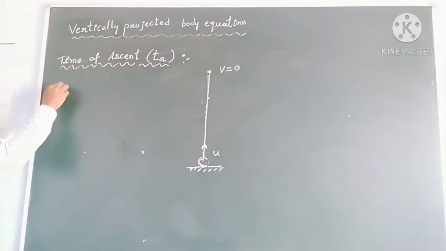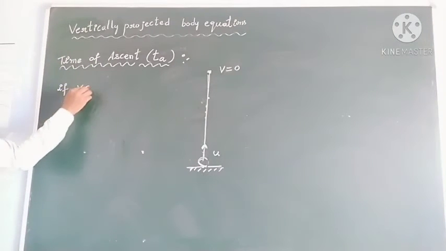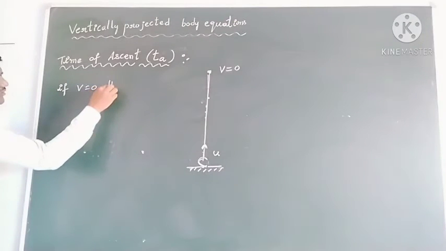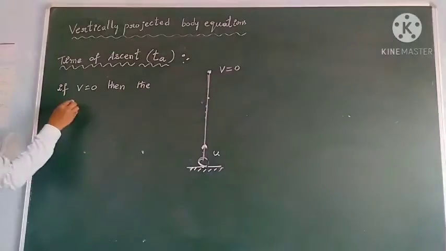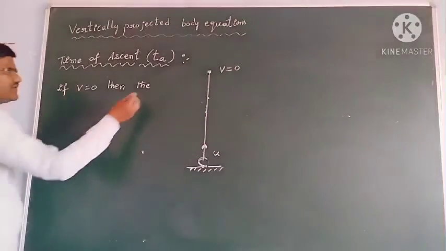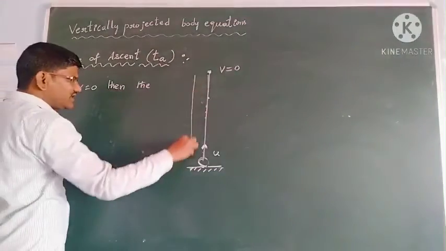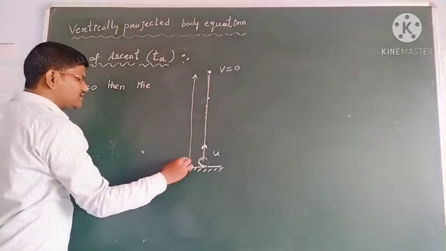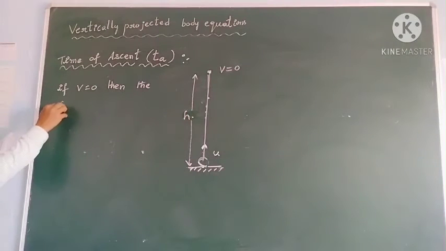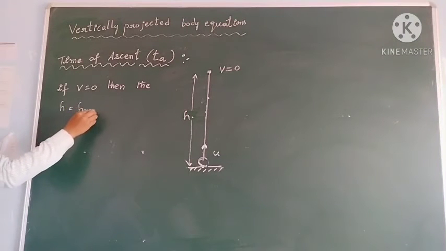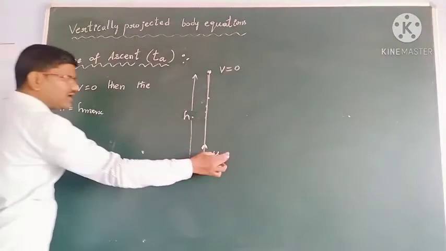If v is 0, if final velocity is equal to 0, then if this is the height reached h, that h we will call the maximum height reached for that initial velocity.